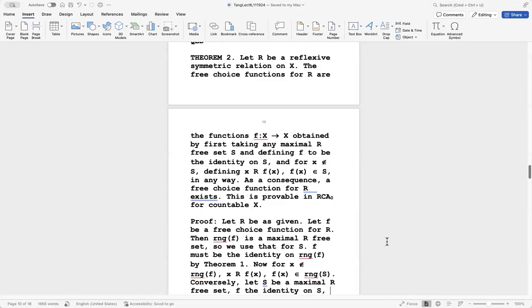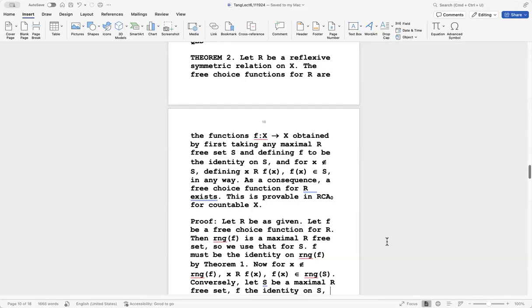So let R be given, reflexive symmetric, and let F be a free choice function for R. Then the range is a maximal R free set. We proved that in theorem 1. And so we use that for S, and we define F to be the identity on it.